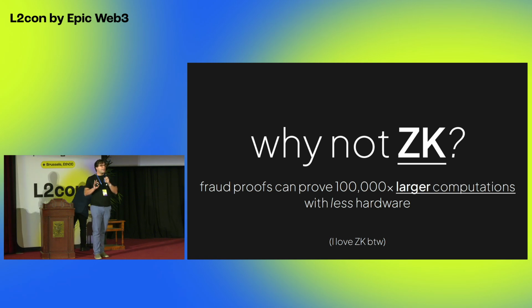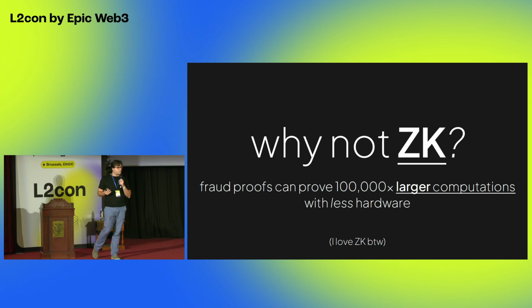I want to push back against that opinion because ZK is great, and there are many applications that are going to use it, but there's no silver bullet. Specifically, when we're talking about costs and throughput, ZK has a few disadvantages when compared to fraud proofs. So fraud proofs still have a very important niche for rollups. I love ZK, by the way.